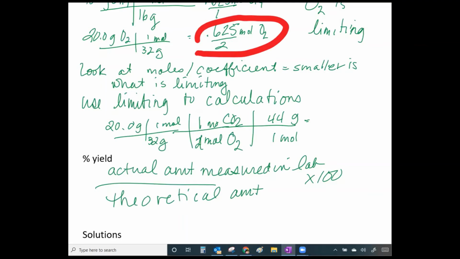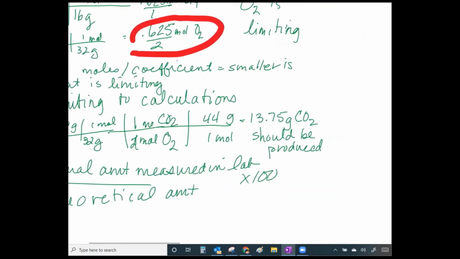All right, 20 divided by 32 divided by 2 times 44. 13.75 grams of CO2 should be produced. This is theoretical. All right, let's say that I got 10 grams is what I actually measured.